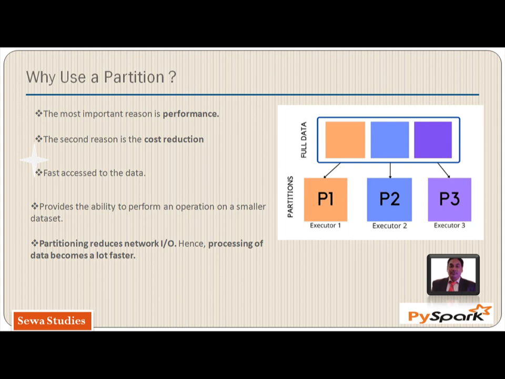Second part is why use a partition. The most important reason is performance. By having all the data needed for a calculation on a single node, we reduce the overhead of shuffle, the need for serialization, and network traffic.